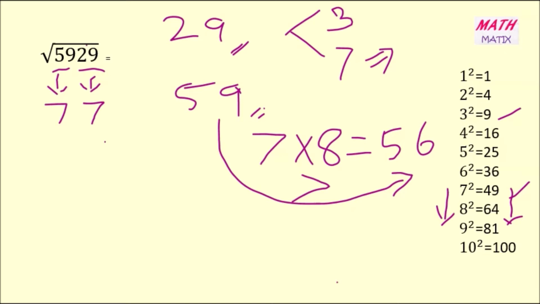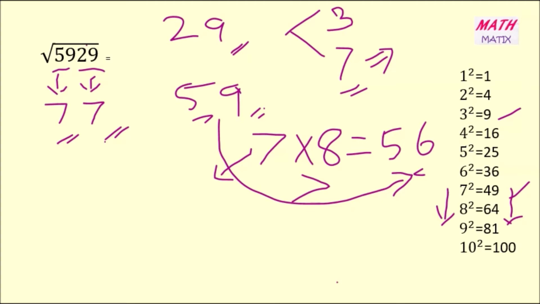That will give 56. Compare this 59 with that answer. 59 is greater than 56. So I take the greatest among these two numbers from 29, that is 7, and for the 59 I directly write this 7 here, so that gives another 7. So the square root of 5929 is 77.